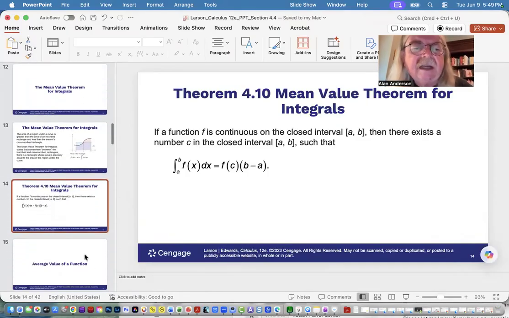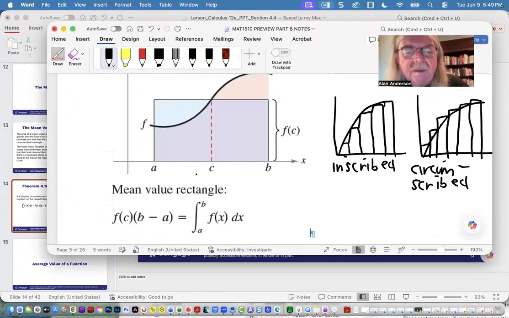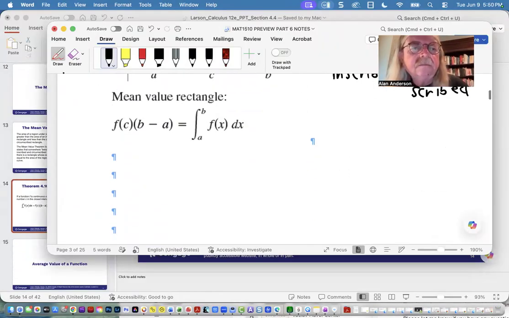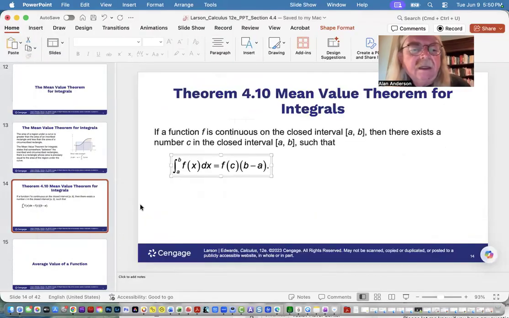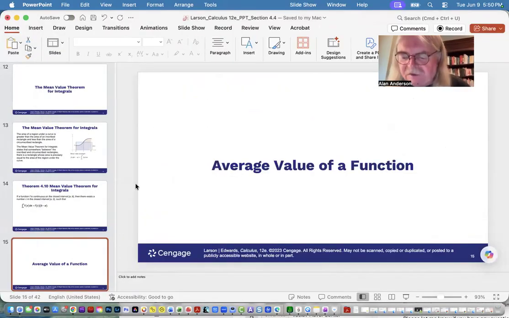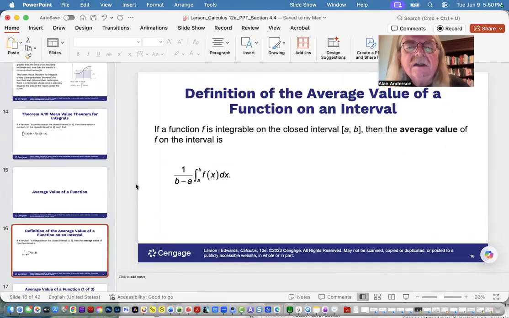Oh, okay. No, they're not going to give us an example yet. They're going to show us that we can use this result to come up with an average value for a function. So if a function is integrable, we always assume, there's always a lot of assumptions going on behind the scenes with all of these results.